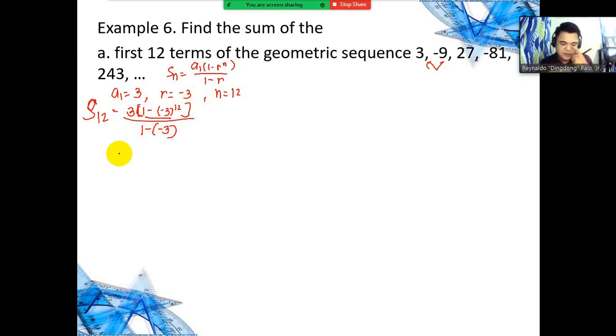Simplify first the terms inside the parentheses. 1 minus negative 3 raised to the 12 power. So it's now 3 times, what's the answer? Okay, so it's negative 531,430.